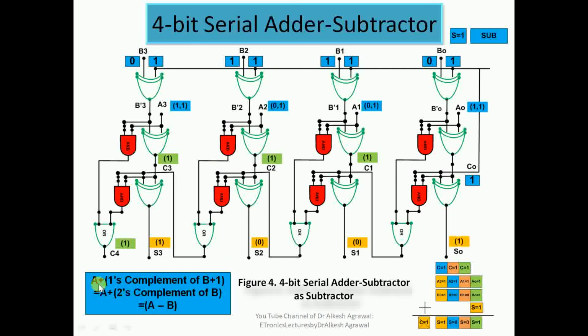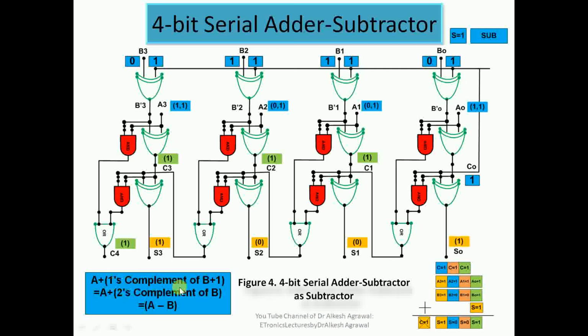What we are doing, since the switch is put at 1, the first step is we are calculating the 1's complement of number B, and we are adding 1 in the first stage of the full adder. So what is being processed is A plus 1's complement of B plus 1.